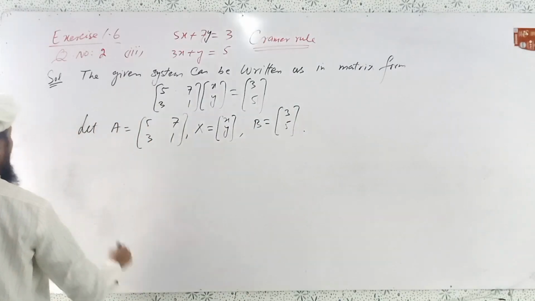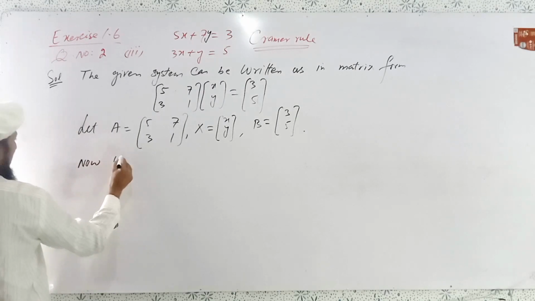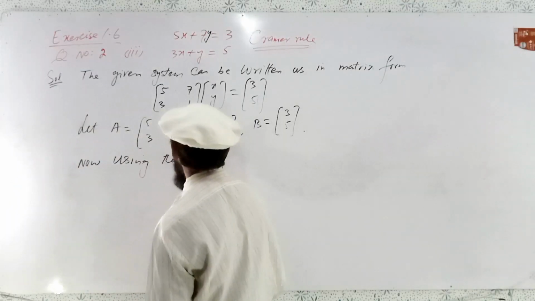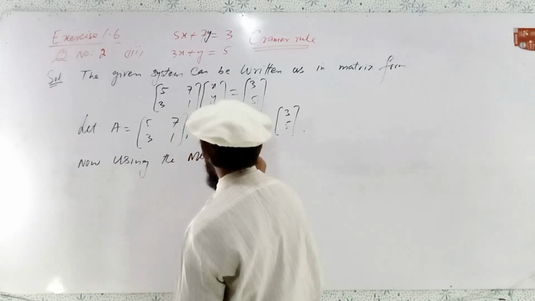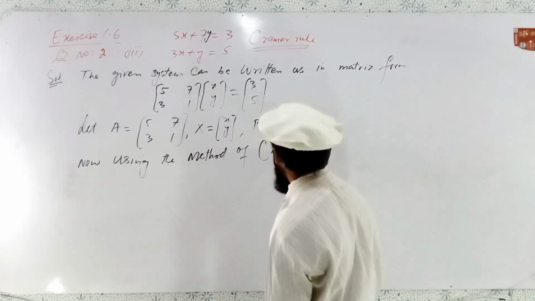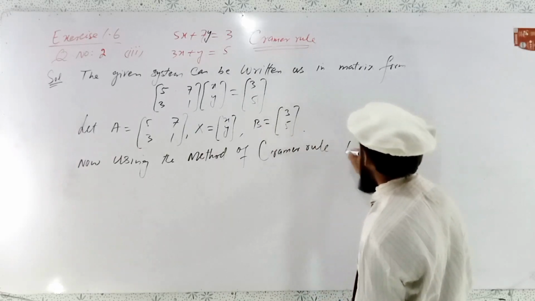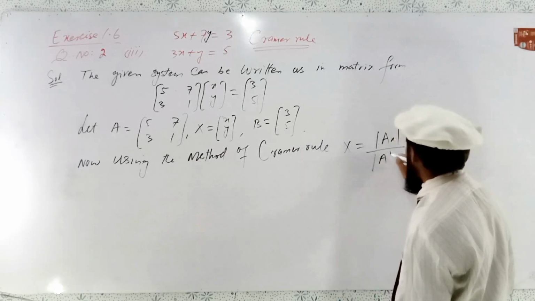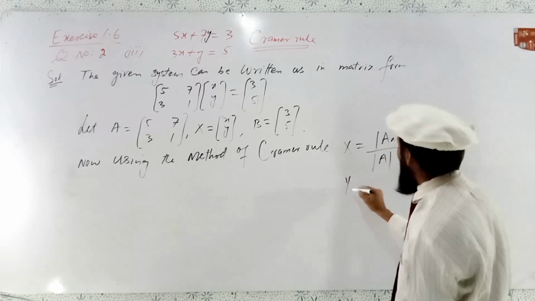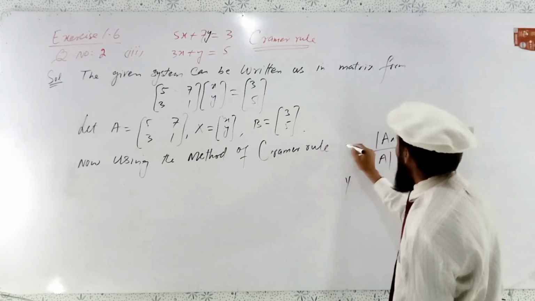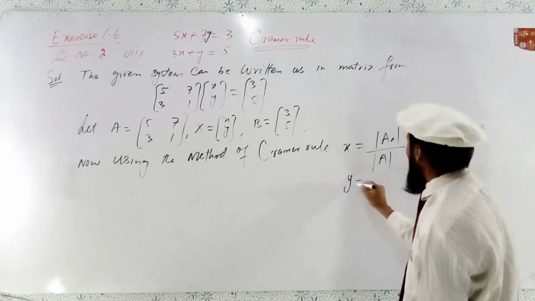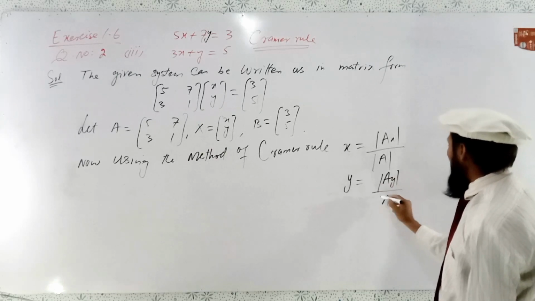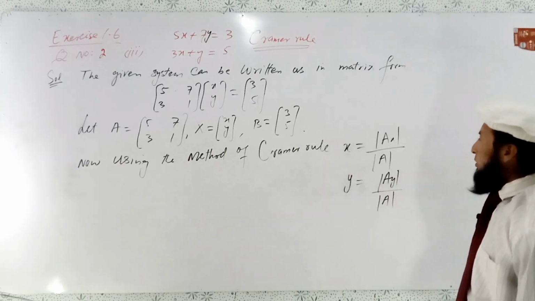Now we are using the method of Cramer's rule. x is equal to the determinant of Ax divided by the determinant of A. Similarly, y is equal to the determinant of Ay divided by the determinant of A. We require these two values by Cramer's rule.